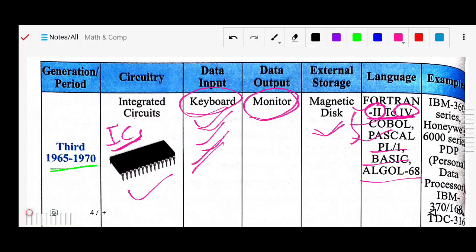These are the names of the languages, very important, you have to learn. These languages were used in the third generation computer. Examples: IBM 360 series, Honeywell 6000 series, PDP (Personal Data Processor), IBM. These are the examples of the third generation computer.